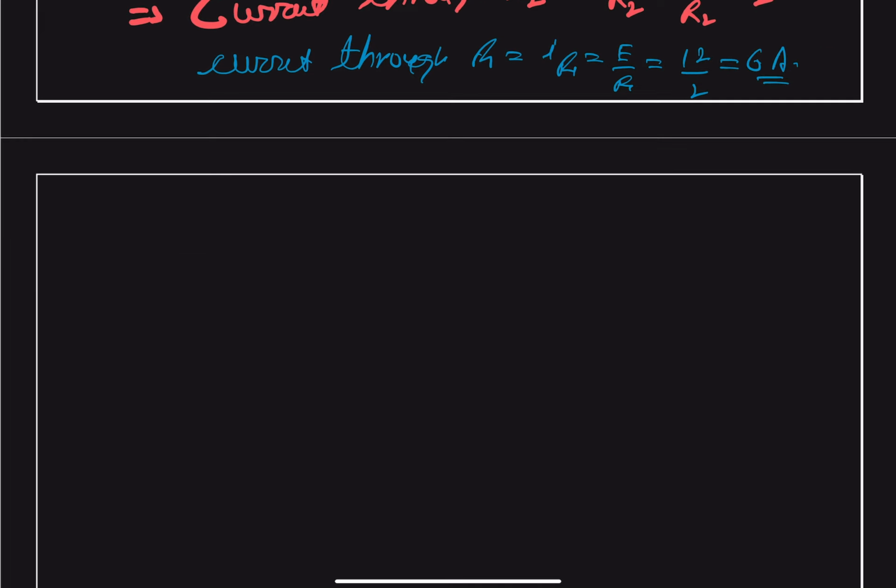Therefore, the total current from the battery will be equal to IR1 plus IR2.